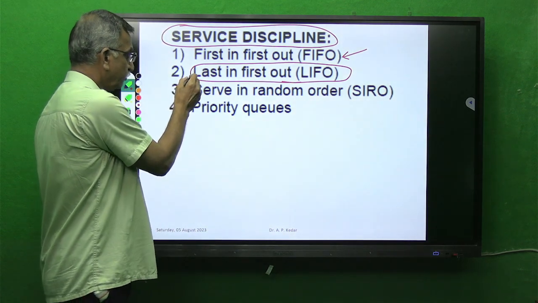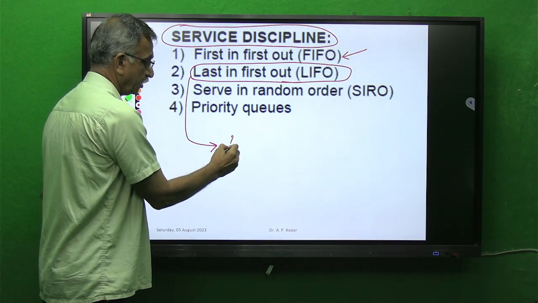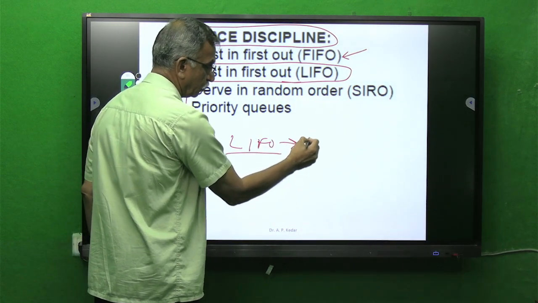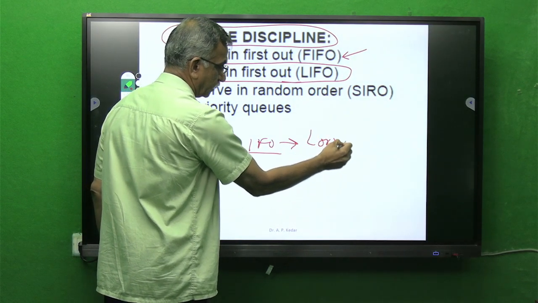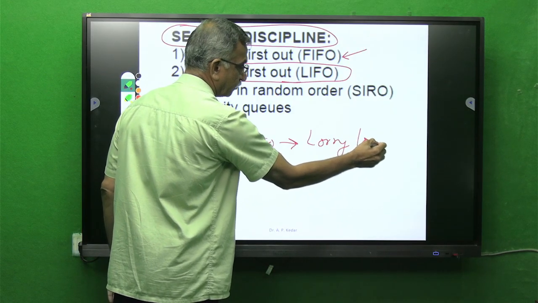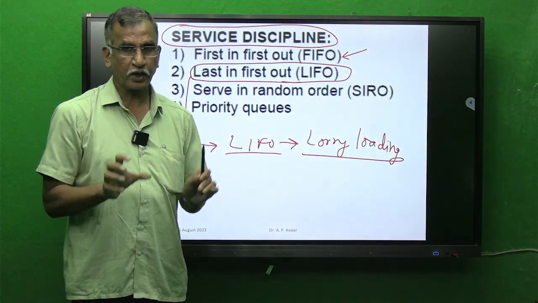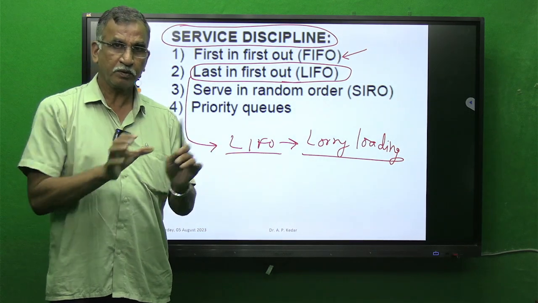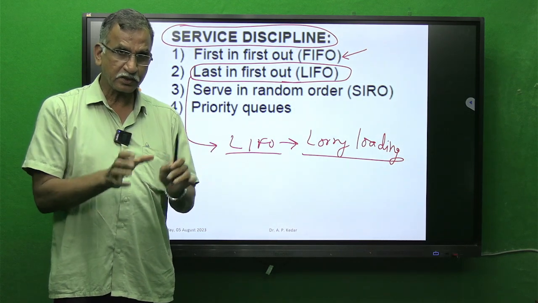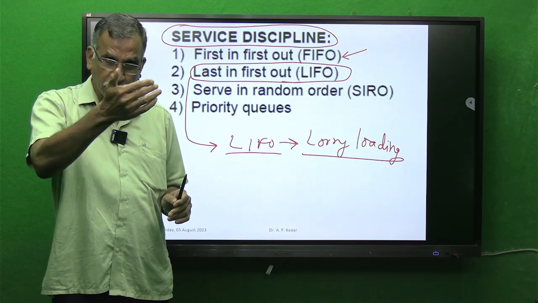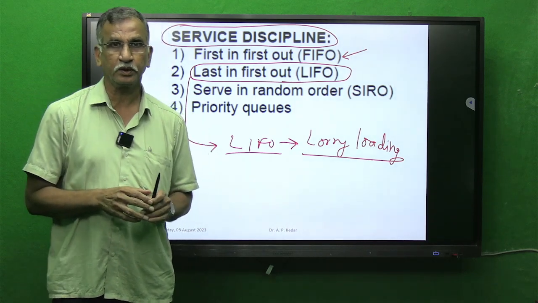Students, remember, in real life we cannot avoid this situation. Many a times we have to follow LIFO, particularly in lorry loading. In lorry loading we load items in the lorry one by one, and the last item is kept at the back, and then we unload the components from the lorry.